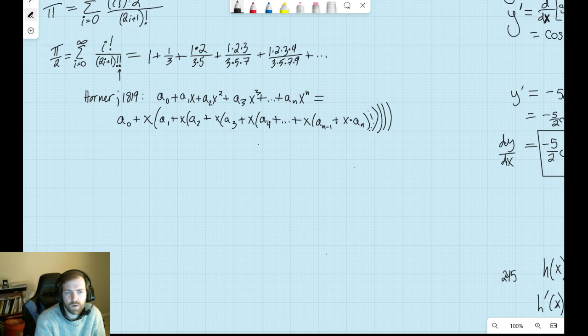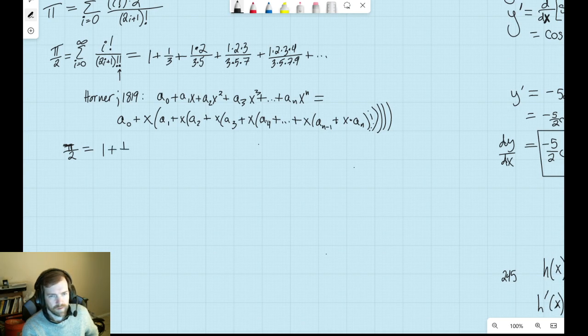Alright, so the Horner representation of this series that we had up here, pi over 2 is equal to 1 plus 1/3 times the quantity, 1 plus 2/5 times the quantity, 1 plus 3/7 times the quantity, 1 plus 4/9 times the quantity, 1 plus, and then this continues on literally forever.